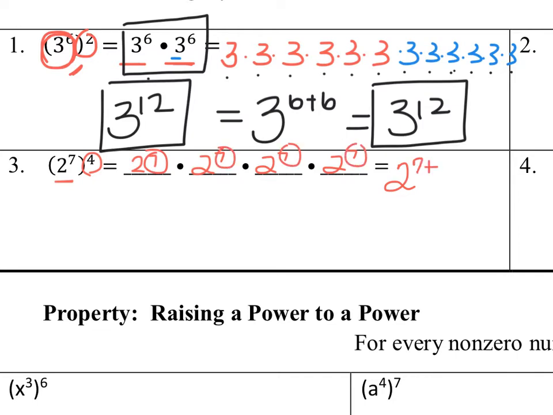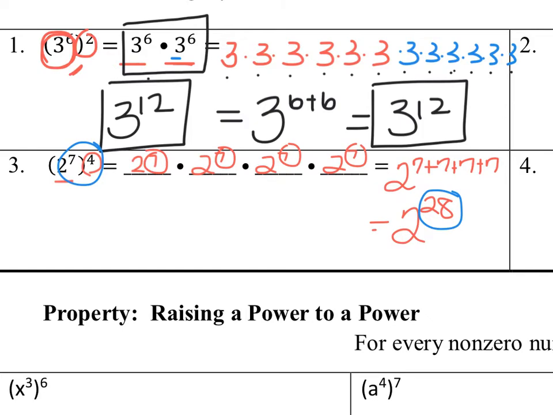So that's 7 plus 7 plus 7 plus 7, and that gives us 2 to the 28th. So again, we're trying to figure out how can I go from here to here and skip all of this in the middle.